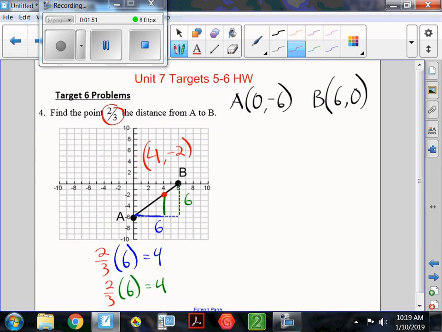Now I'm going to do the same thing, but do it with just the coordinates. So I wrote out the coordinates for 0, -6, and for 6, 0. And again, I want to find the horizontal distance. The horizontal distance goes with the x's. So I'm going to do b minus a, because I really want to focus this time on x2 minus x1.